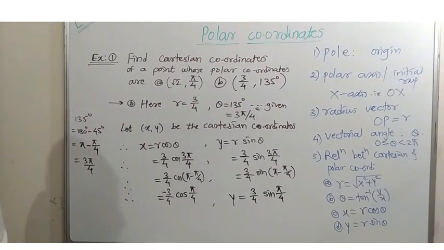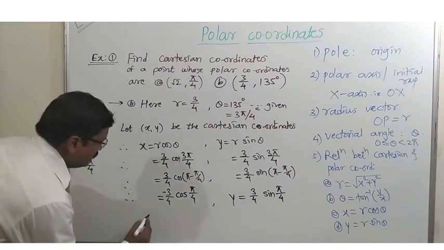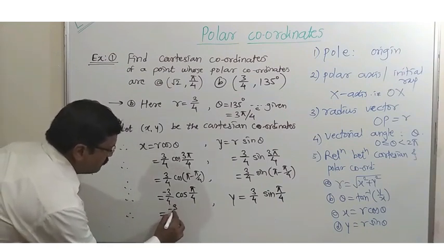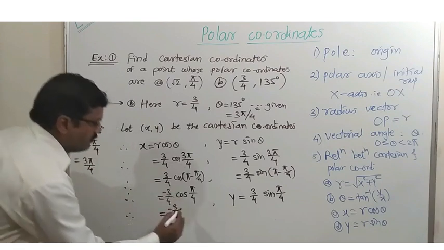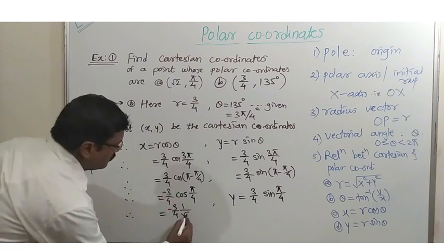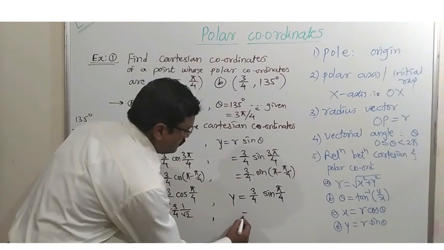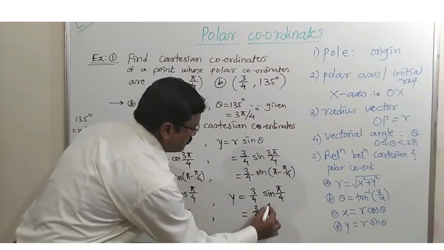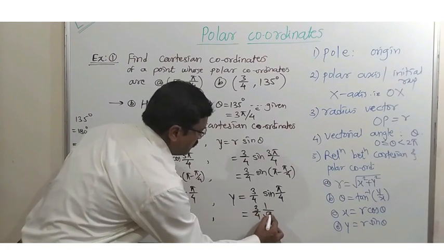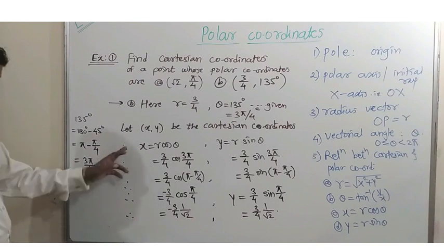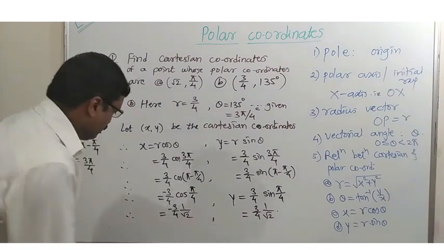Is it clear? Now, so here we get, therefore x equal to minus 3 by 4 into cos pi by 4, which is 1 upon root 2. Similarly, here y equal to 3 by 4 into sin pi by 4, which is also 1 upon root 2. So we get these two values of x and y.